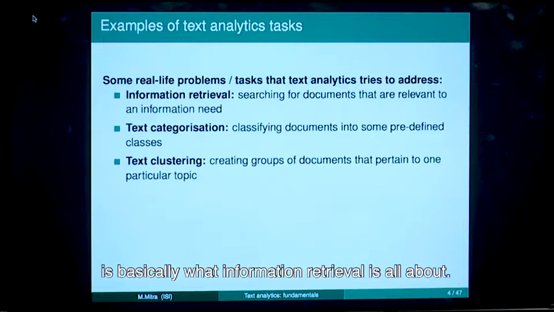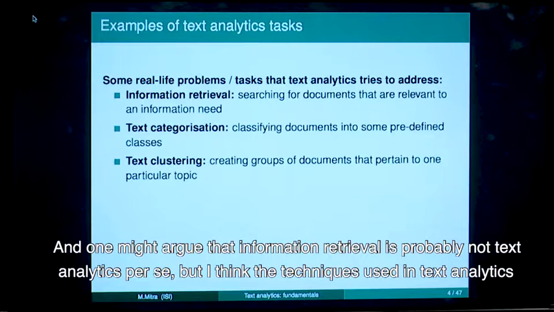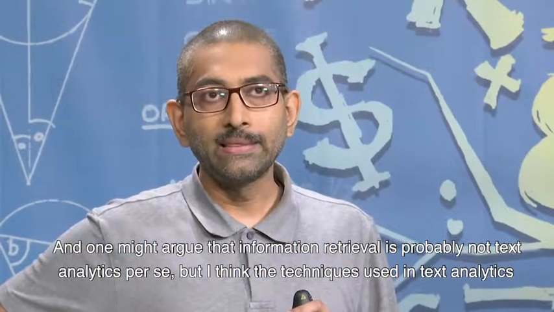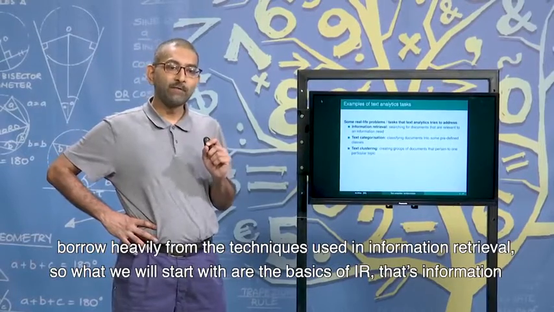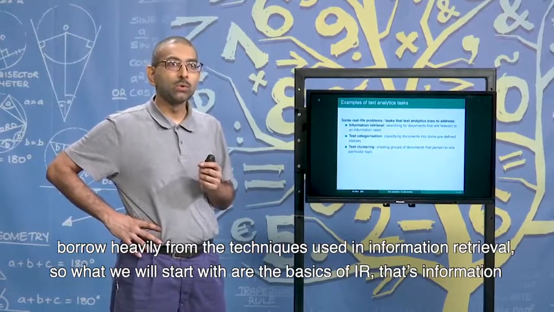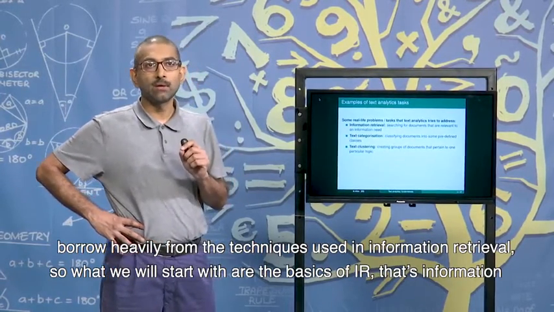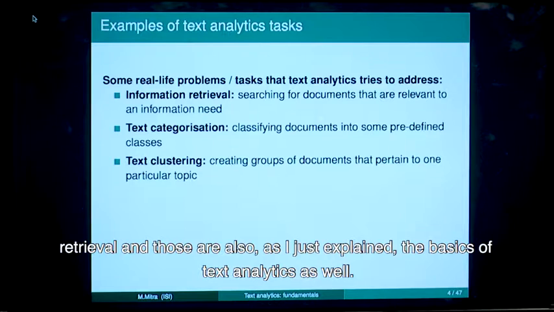One might argue that information retrieval is not text analytics per se, but the techniques used in text analytics borrow heavily from information retrieval. So, we will start with the basics of IR, which are also the basics of text analytics.